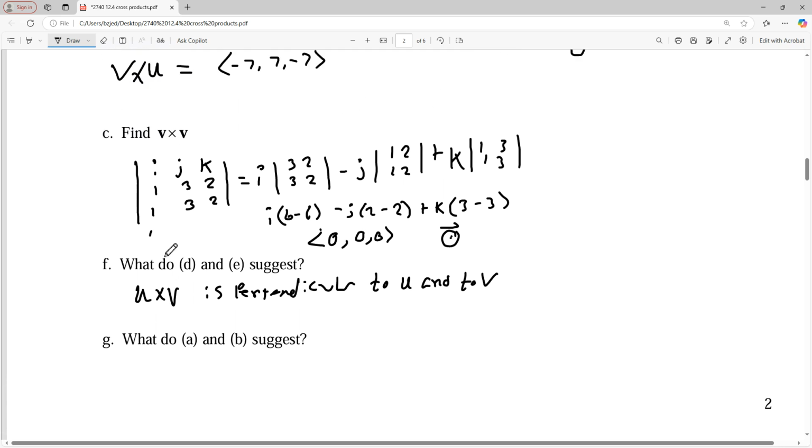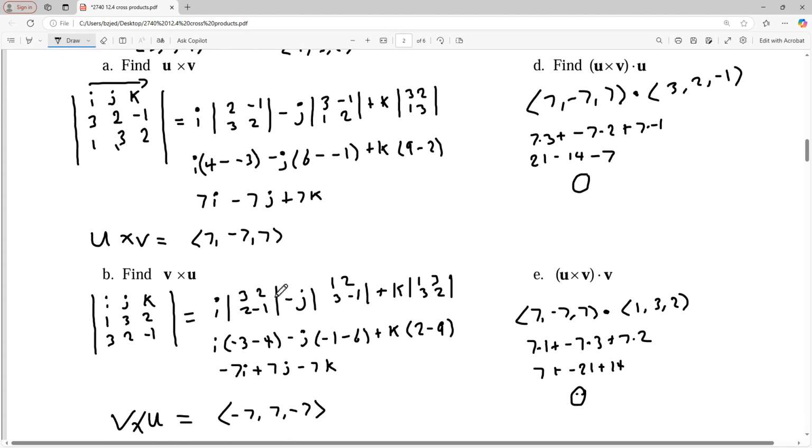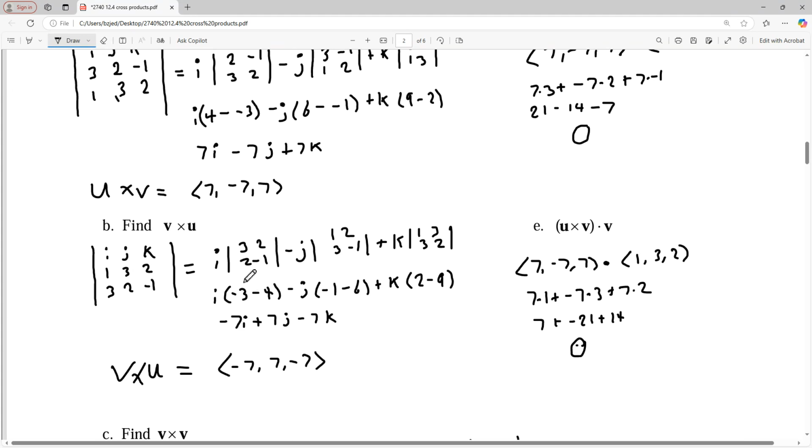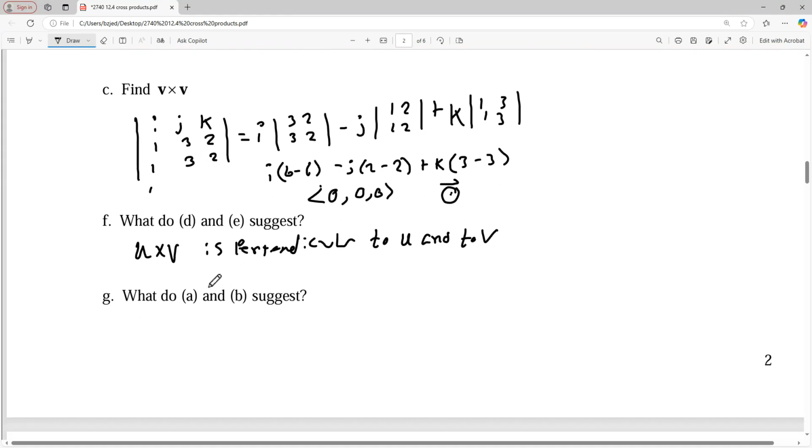Also, if we look back, what does letter A suggest? When I did u cross v, I got 7, -7, 7. When I did v cross u, I got -7, 7, -7. The numbers are almost exactly the same. The only thing that's different is the signs. So what that means is that u cross v and v cross u are related.